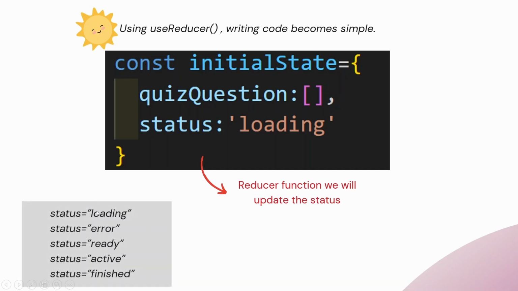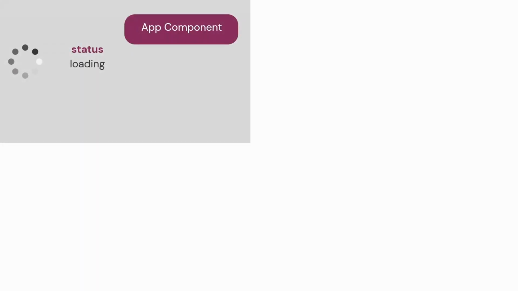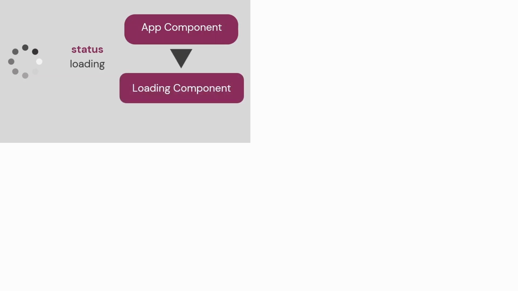So here we are having status is equal to loading, status is equal to error, status is equal to ready, status is equal to active, and status is equal to finished. So inside this reducer, we are only going to update our status, and based on the status value, we are going to render different components. So for example, if my status is loading, then inside this app component, I only want to render this loading component.